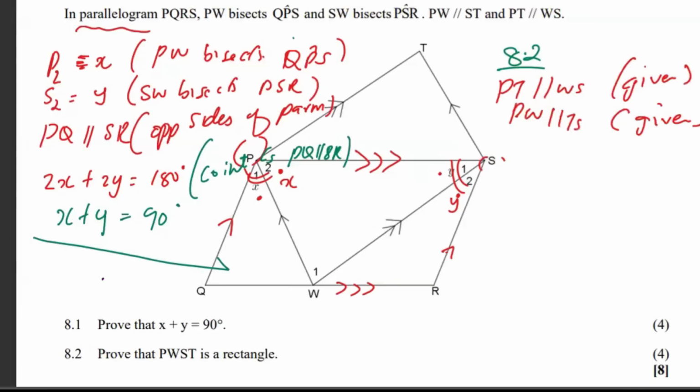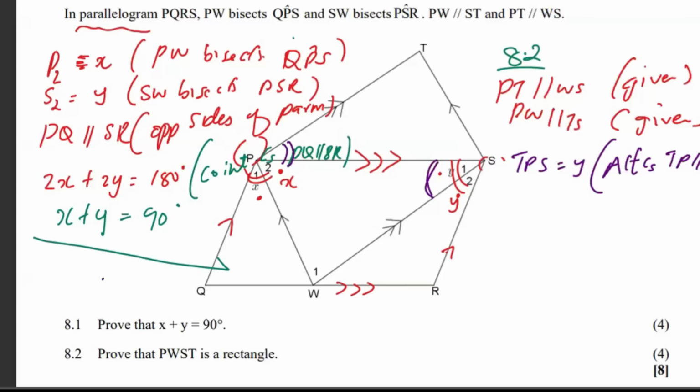So we're going to say that this Y is the same as this angle. So TPS is equal to Y. The reason is that those are alternate angles because TP is parallel to SW.